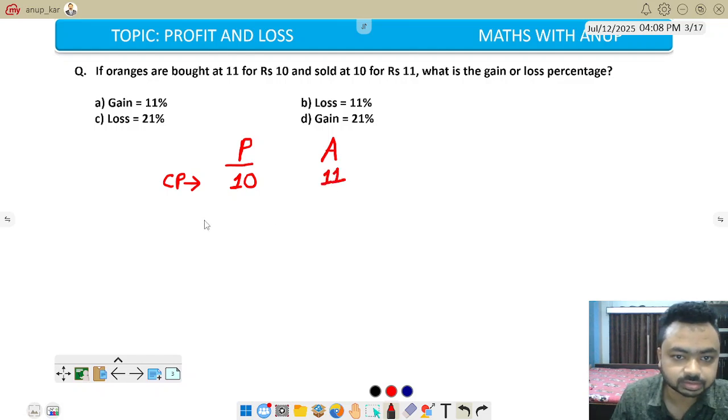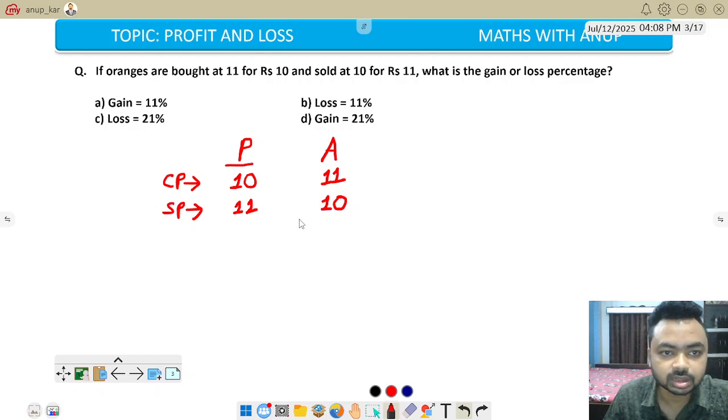And sold at 10 for rupees 11, so my selling price will be rupees 11 and the number of articles will be 10.